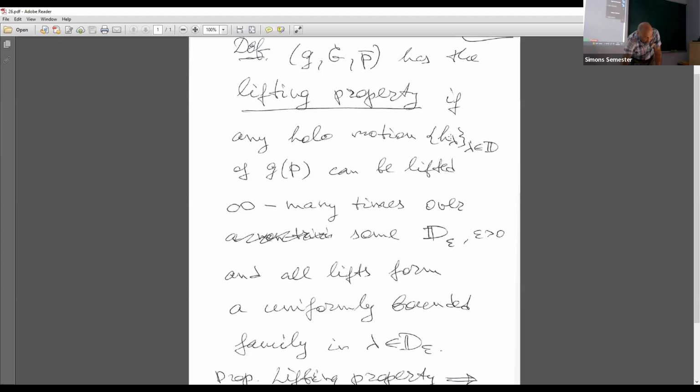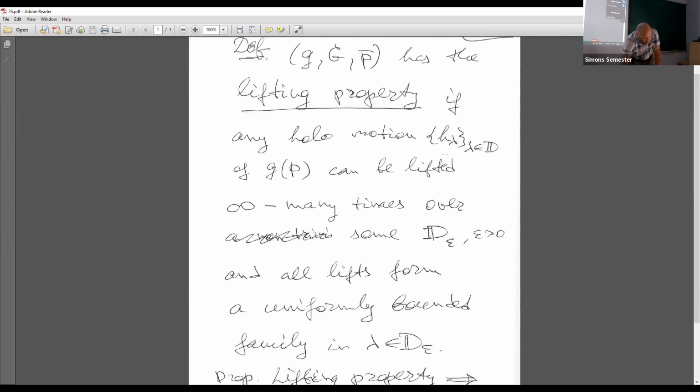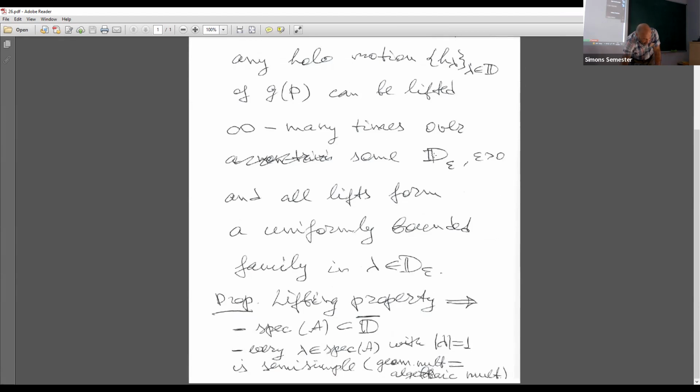Each time you can do this, but possibly over a smaller disk of lambda. So we say that there is a lifting property if there is a non-trivial disk where all these lifts exist and are uniformly bounded. This is the definition.